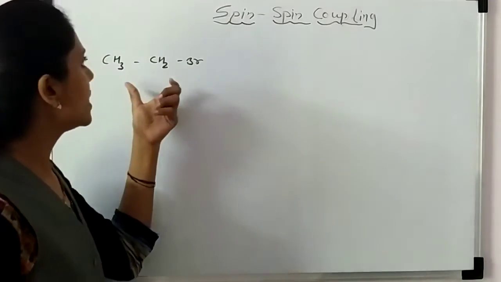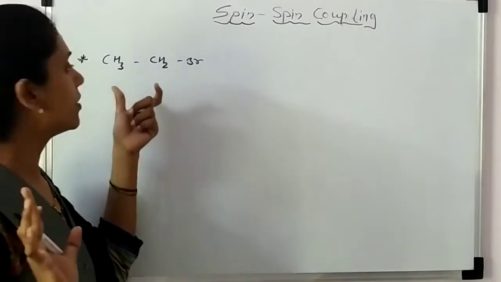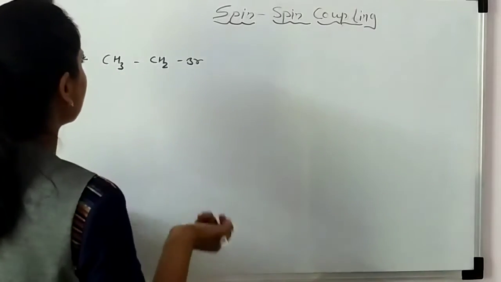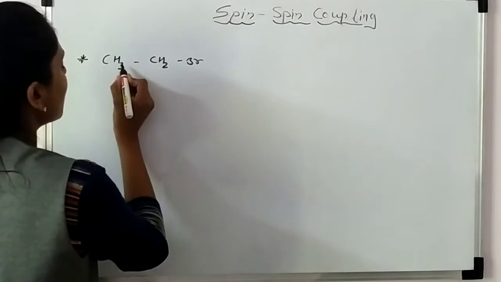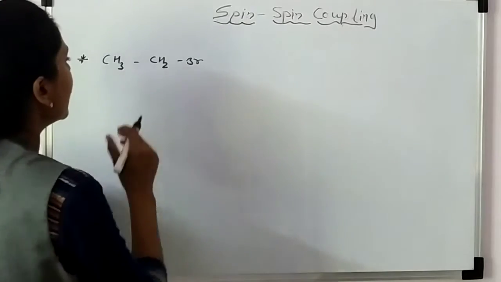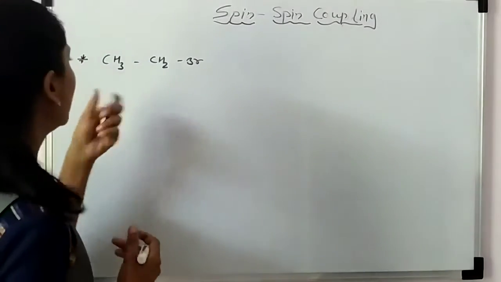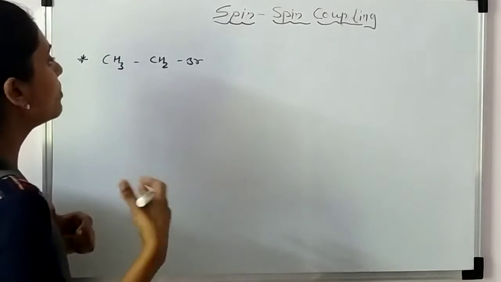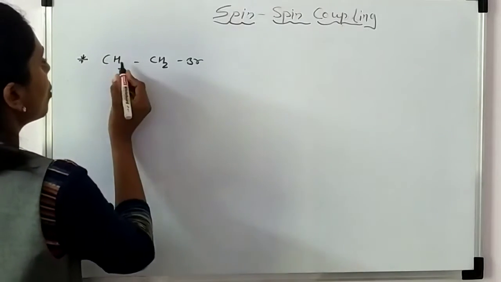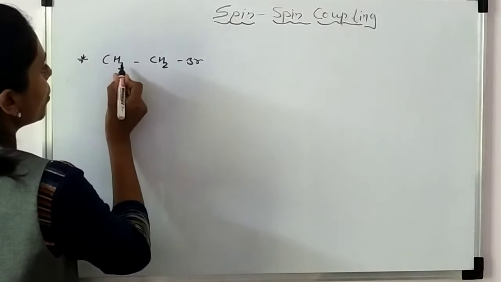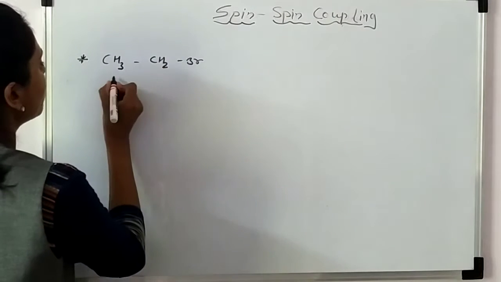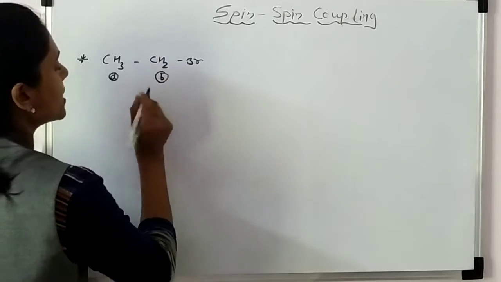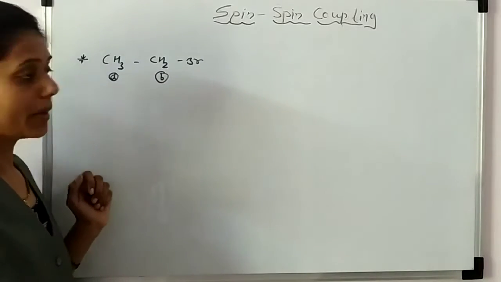In this case, we first study how many signals there are, and then we must know the environment or equivalent protons. Here there are 3 equivalent protons and here 2 equivalent protons, so 2 sets of non-equivalent protons are present.